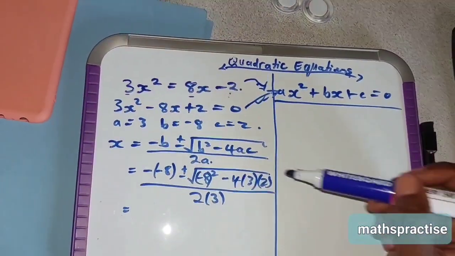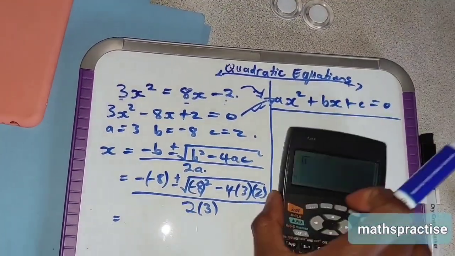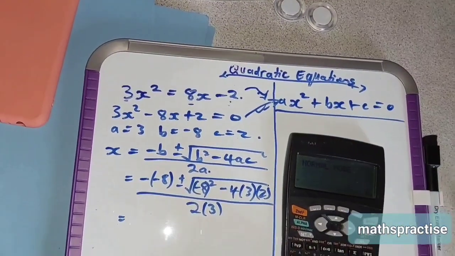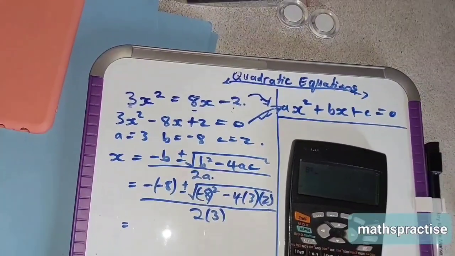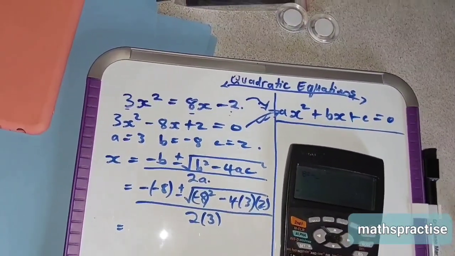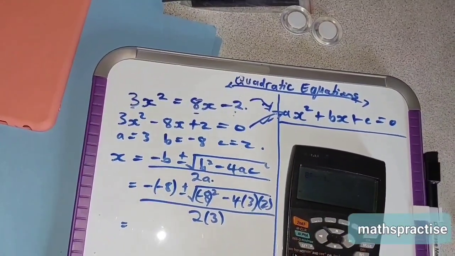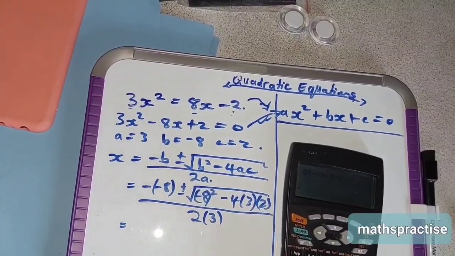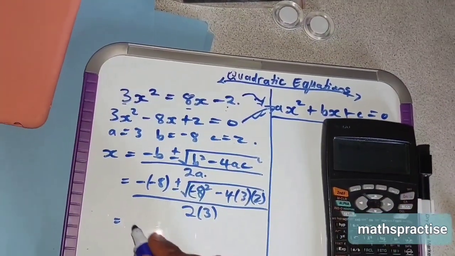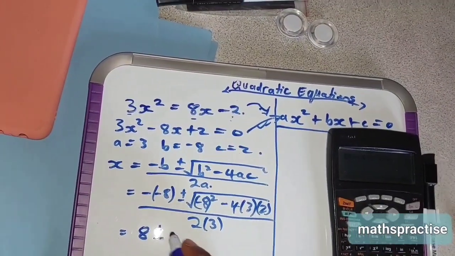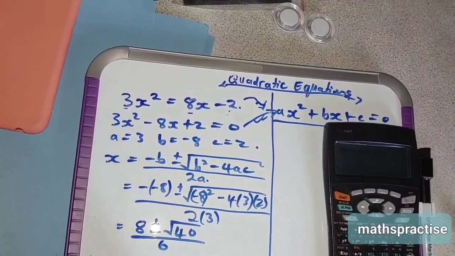Okay. And if you simplify the square root using your calculator, 8 squared minus 4 times 3 times 2, you end up with the square root of 40, so it will be 8 plus or minus the square root of 40, all divided by 6.